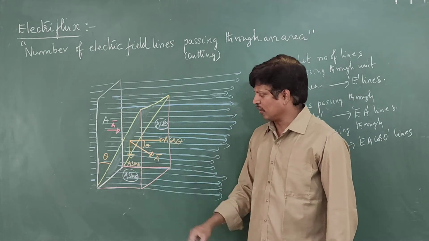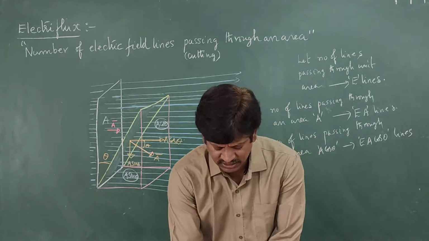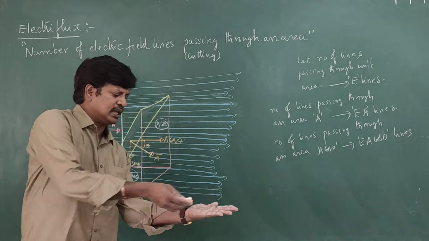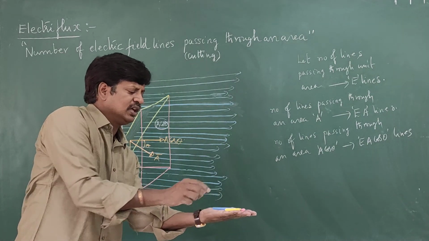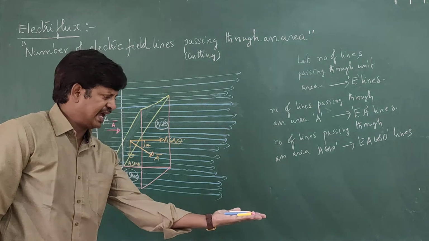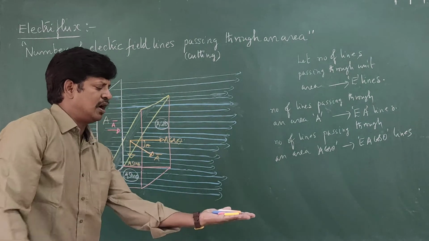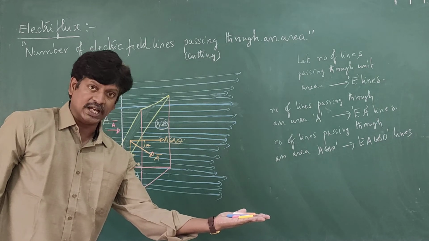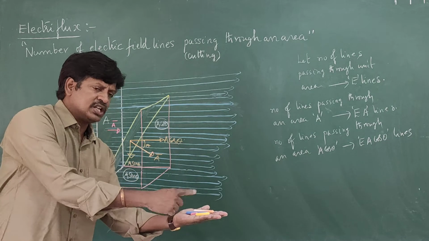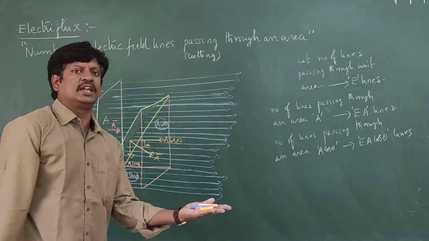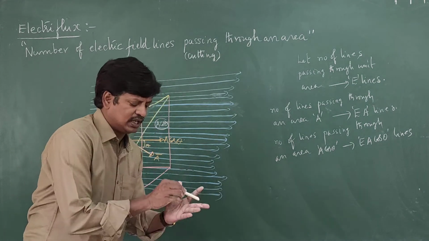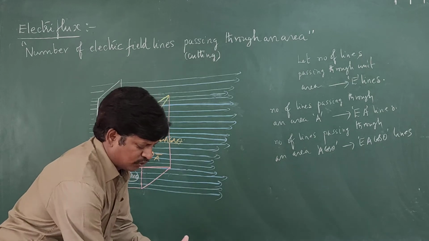Are any lines crossing the area A sin theta? No. If this is the area A sin theta, all the lines, as you can see in my hand, are parallel to it. None of the lines are crossing that area. But in the A cos theta area, lines are crossing.